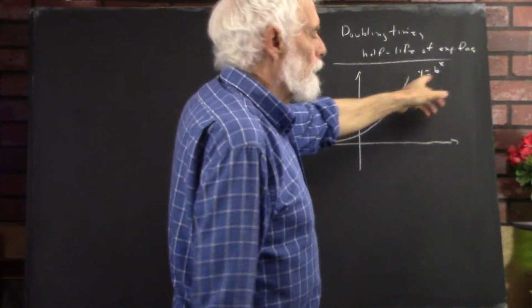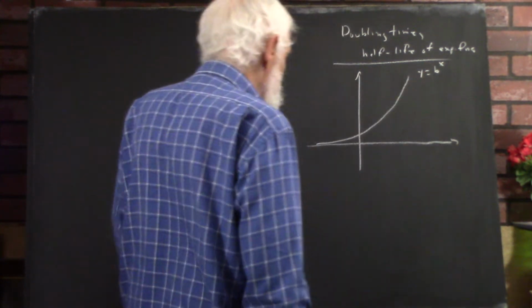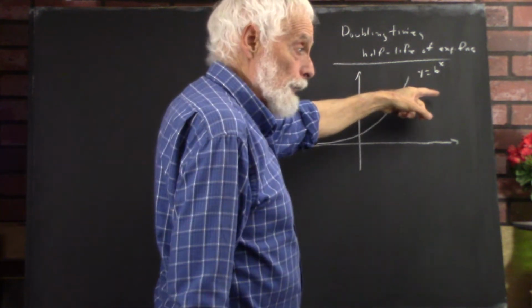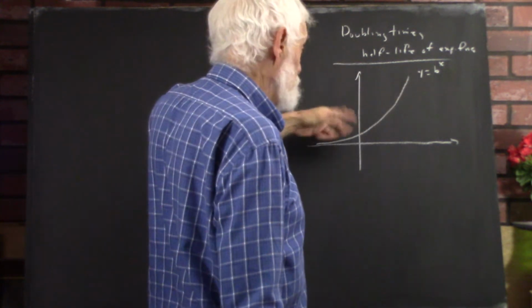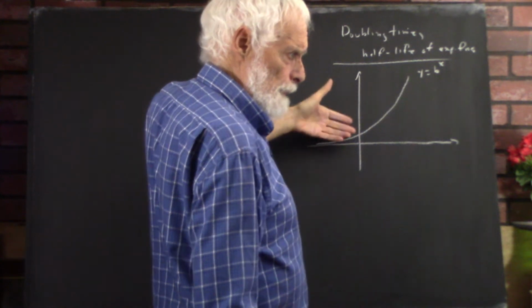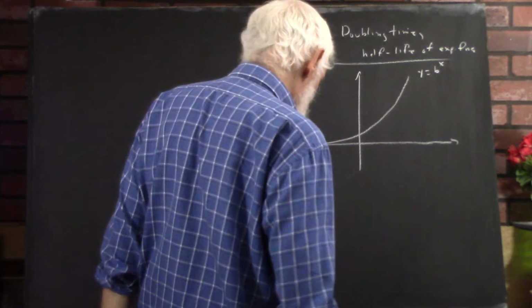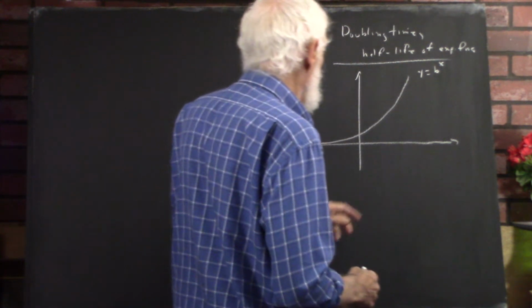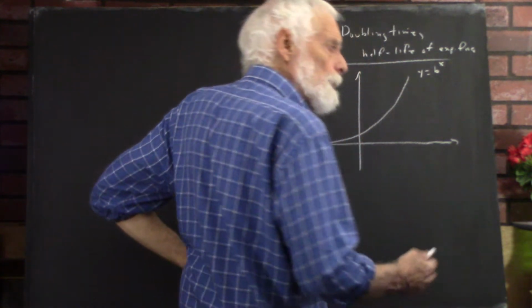It could be a multiple of b to the x. Still going to have the same shape because you could always relabel the graph of b to the x to represent a multiple of the graph of b to the x, kind of the way I just did with the logarithmic function. Okay, what do I mean by doubling time?